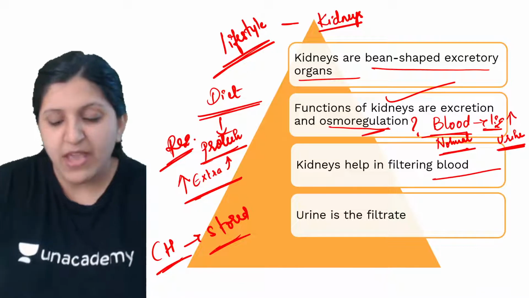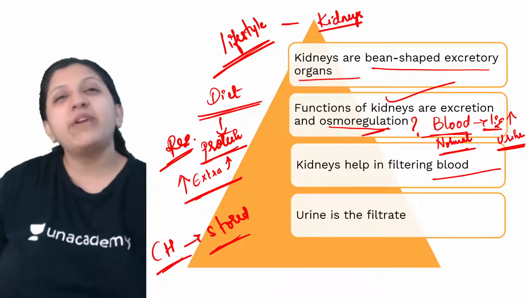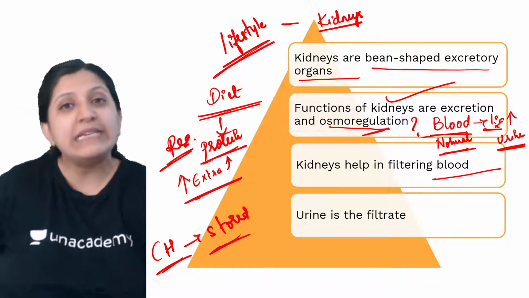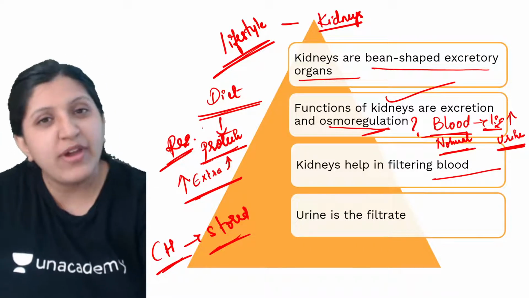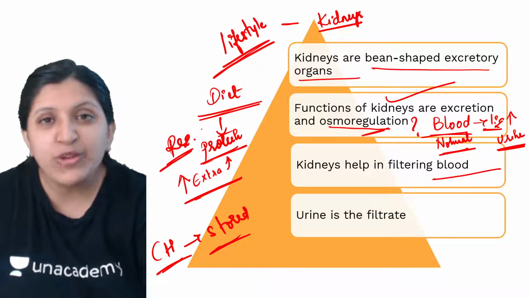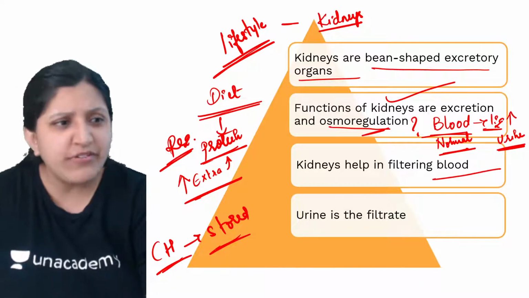Only in an abnormal condition, whenever a disease or infection is there, can we find blood in the urine. You might have noticed or heard about this.